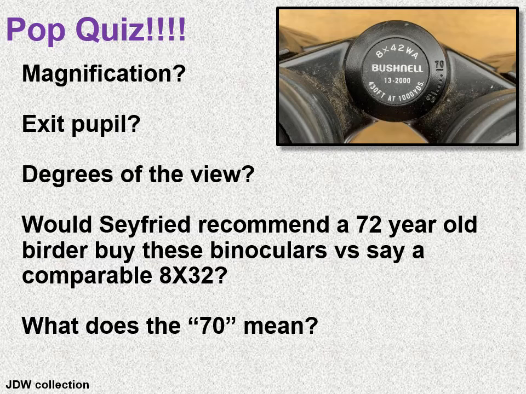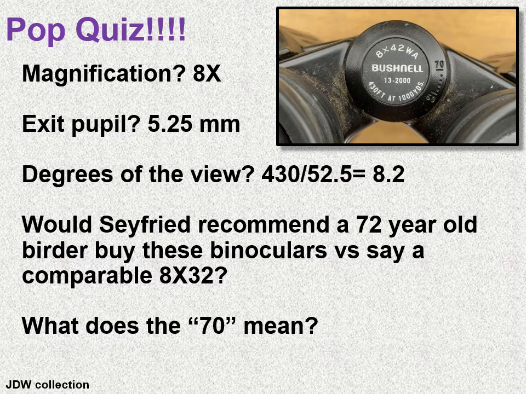So let's do a pop quiz. Teachers always give pop quizzes. Here's a Bushnell 8x42, 430 feet at 1,000 yards. What's the magnification? 8 power. What's the exit pupil? 42 divided by 8 is 5.25. What's the degrees of the view? Well, that's a little harder.